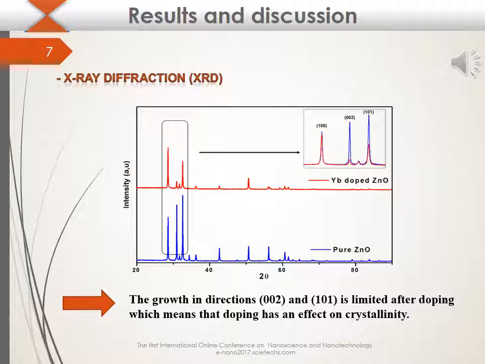So the growth in the directions 002 and 101 is limited after doping, which means that the direction 100 is the preferred orientation for growth in the case of ytterbium doped zinc oxide. In other words, the doping has an effect on crystallinity.